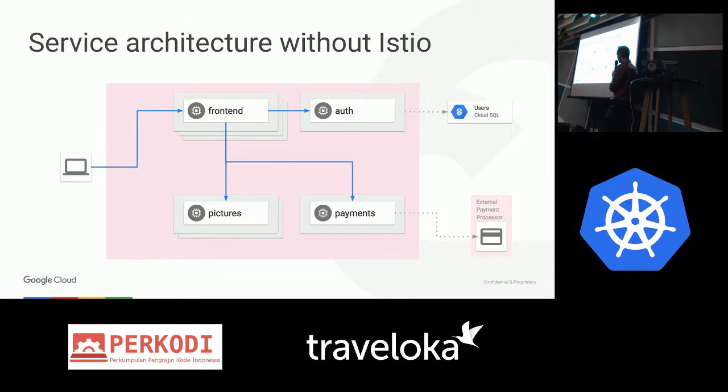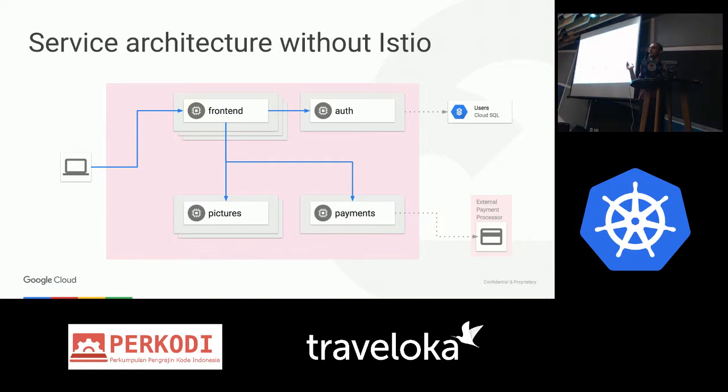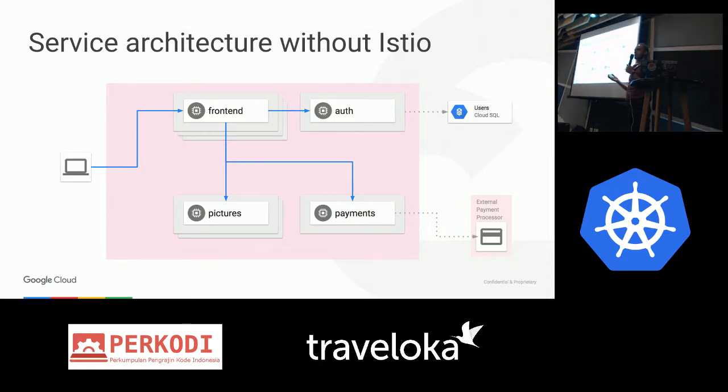For example, pictures is not supposed to call authentication, but no one is preventing that. You don't know what kind of traffic is going through here. It can be HTTP or HTTPS. You don't know what the rules are, so it's like an open area. Even though you have these microservices, there's not much security in this scenario.